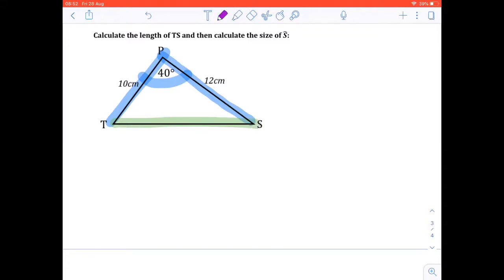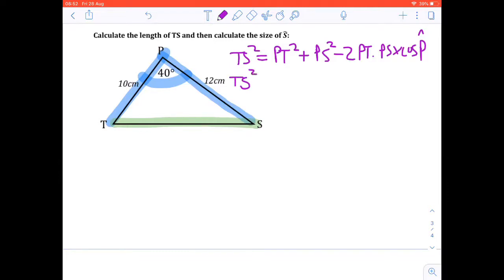So let's write this out in terms of this diagram. TS squared, the side opposite the angle we're applying cos on, equals PT squared plus PS squared minus 2 PT times PS times cos of our angle, which is angle P. Now let's substitute.